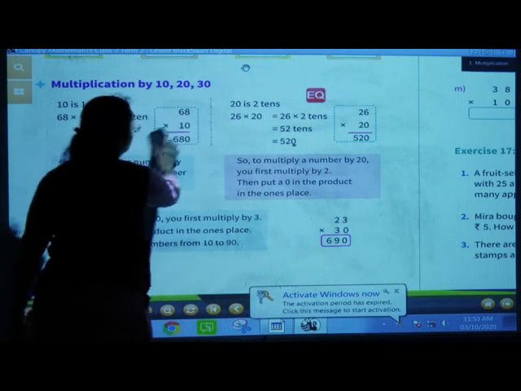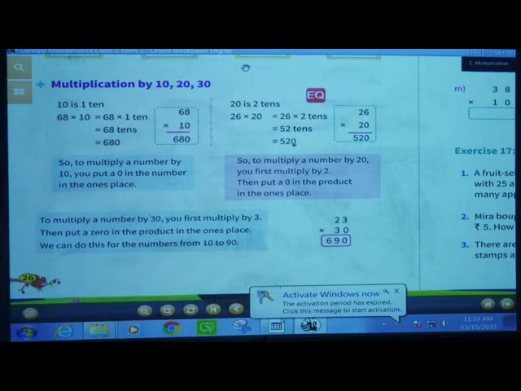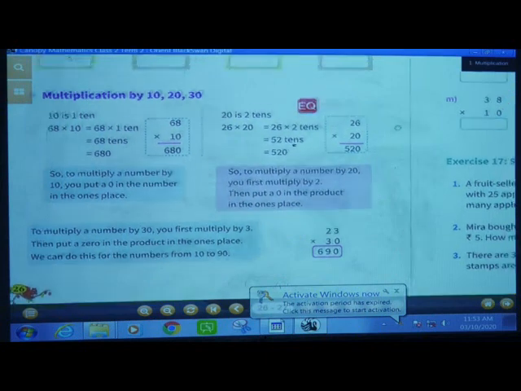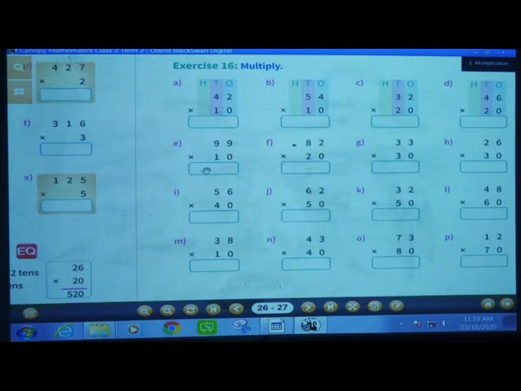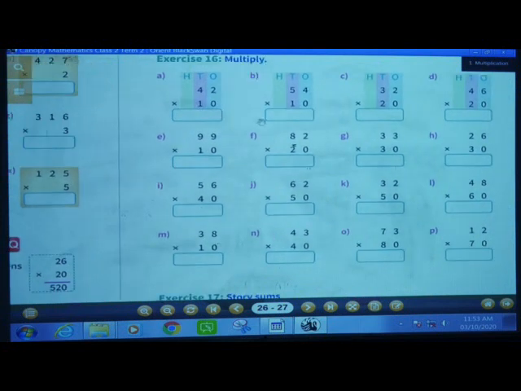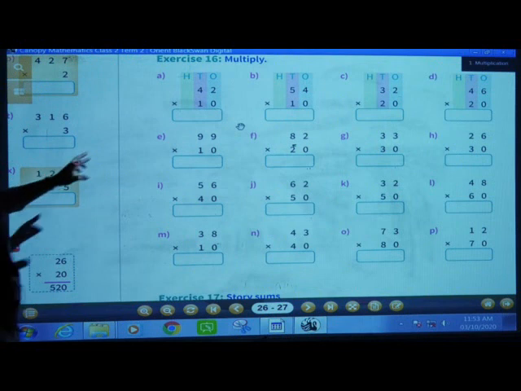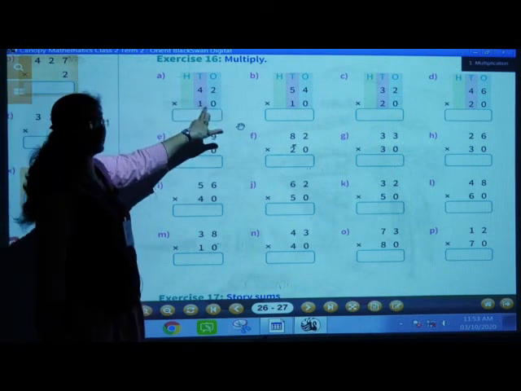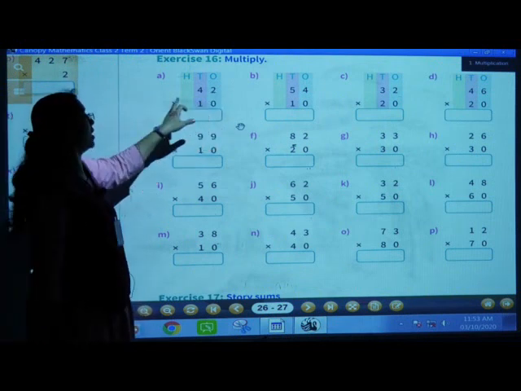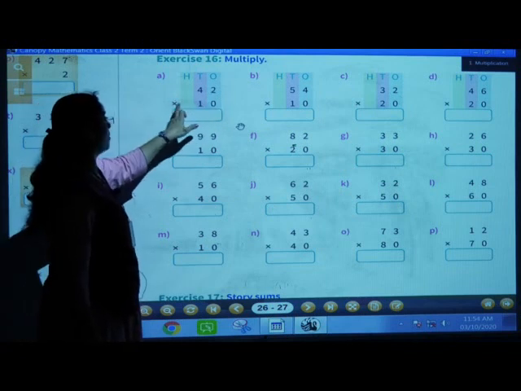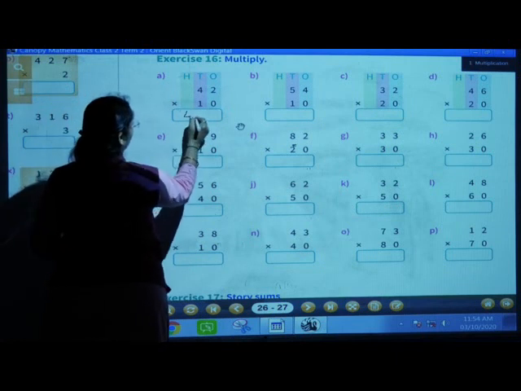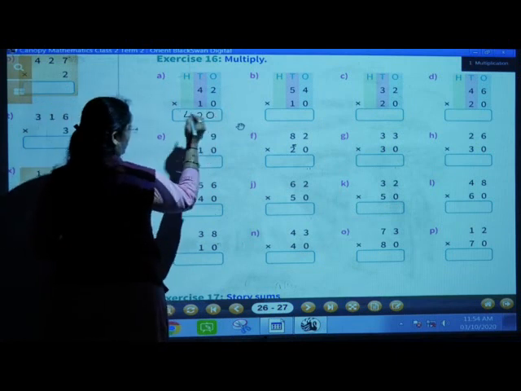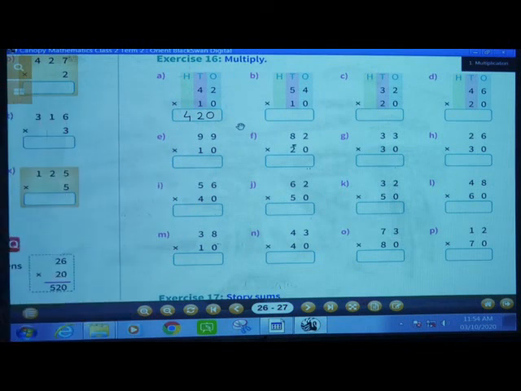Next exercise. Exercise number 16. See, exercise number 16, multiply. 42 multiplied by 10 means we have to multiply only 42 by 1. 42 ones are 42 and put a 0 in the product in the ones place.